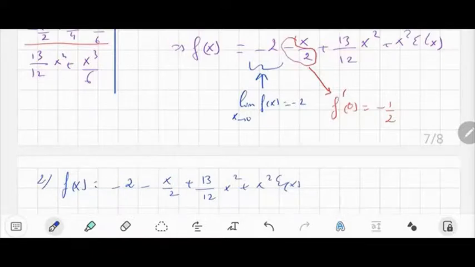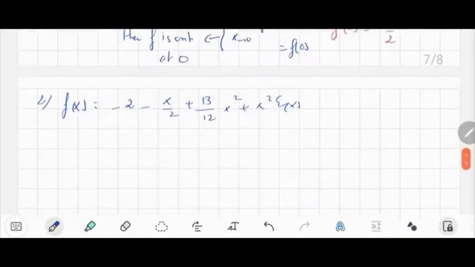Of course, since this is equal to f of 0, then f is continuous at 0.